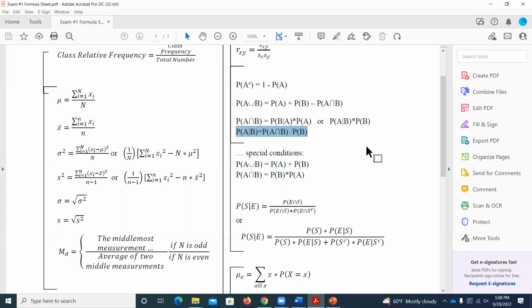Notice that the first part of your denominator is always the same as your numerator. It's the exact same thing: the probability of S, which was not using, and then the exact same thing, E given S.